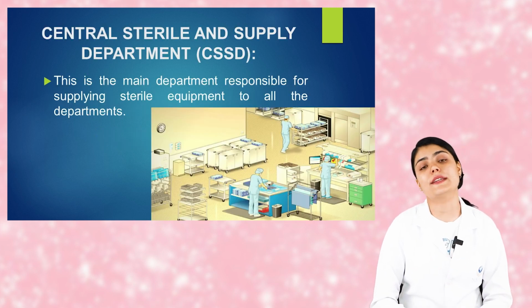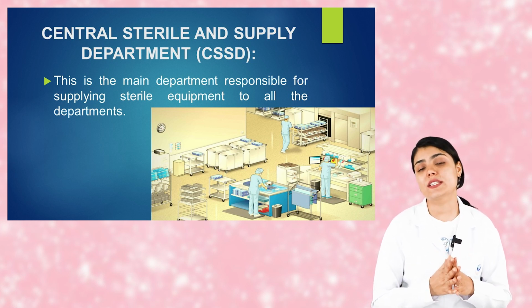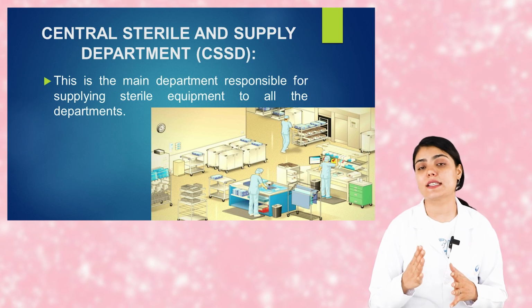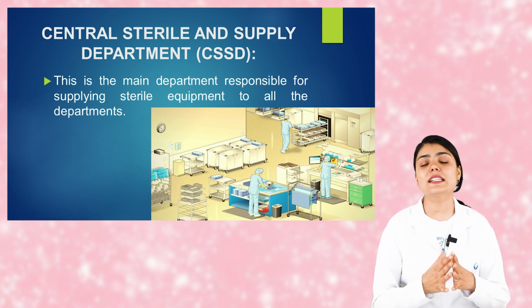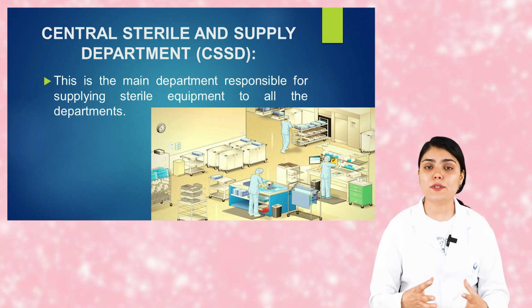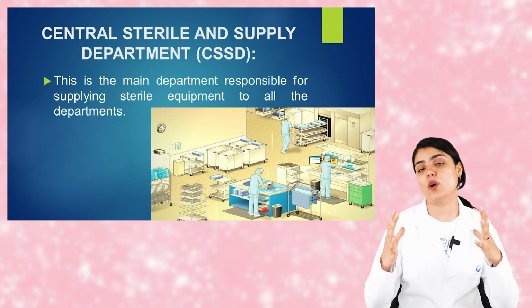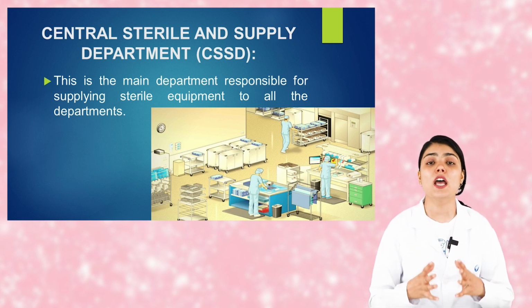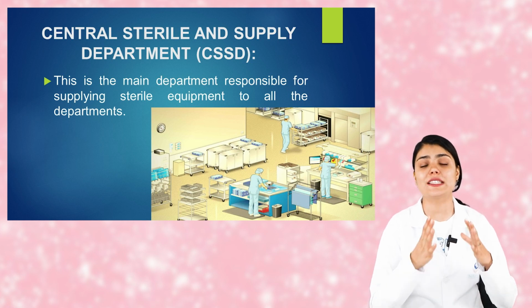The first department that we are going to discuss is CSSD, which is the Central Sterile and Supply Department. From the term itself, we can understand that this is the department responsible for providing sterile equipment all over the hospital. Within the hospital, we use sterile equipment in order to perform any kind of procedure.